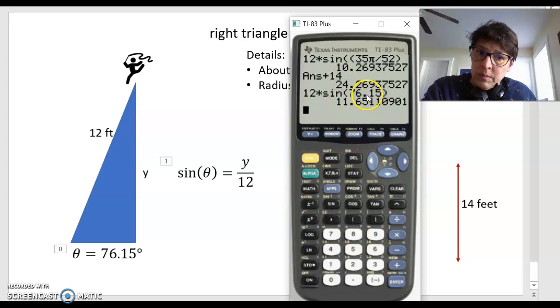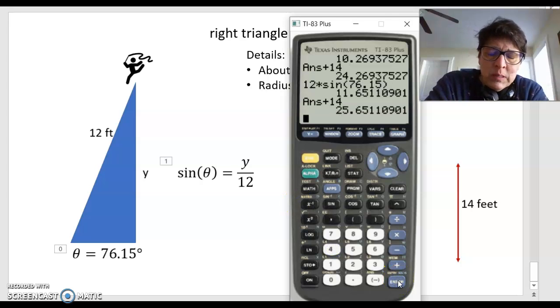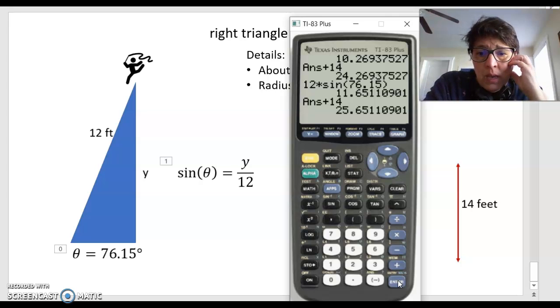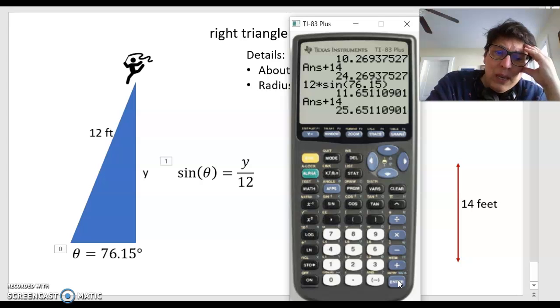And because I had rounding, you can see that it's not as accurate. Plus 14, enter. So that gives about an extra 1.5 feet just by the rounding. The radius probably wasn't that much because she was able to walk away from this.